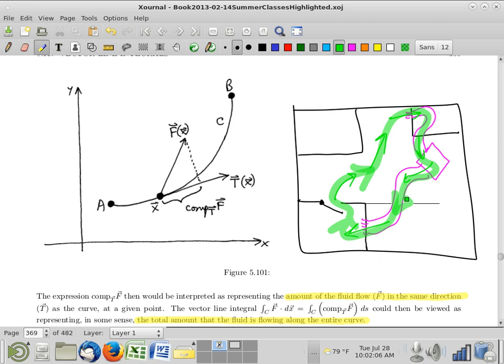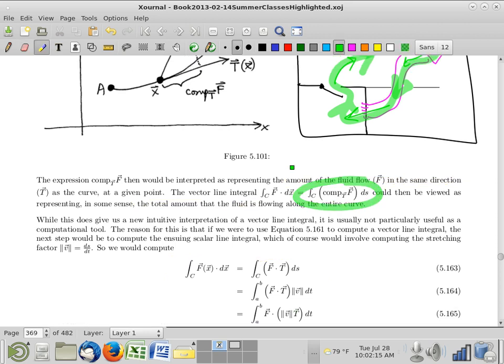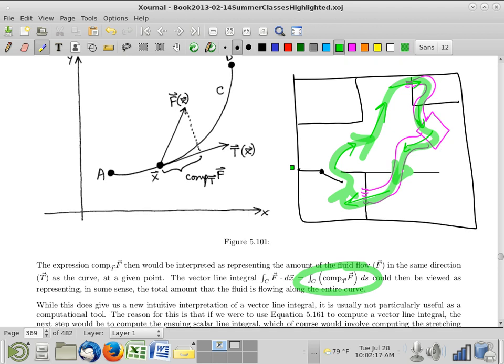Well, we now actually have an object. We have this vector line integral that's representing something kind of like what we're talking about. Namely, we just got through talking about how this represents, in some sense, the extent to which the fluid, vector field F, is flowing along the curve.